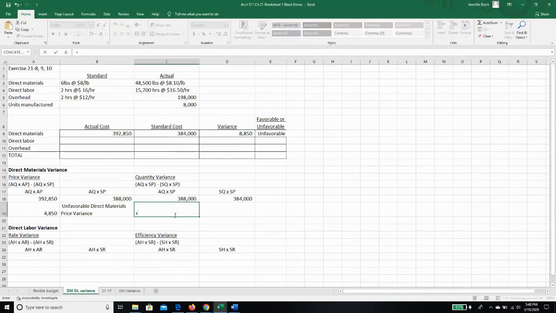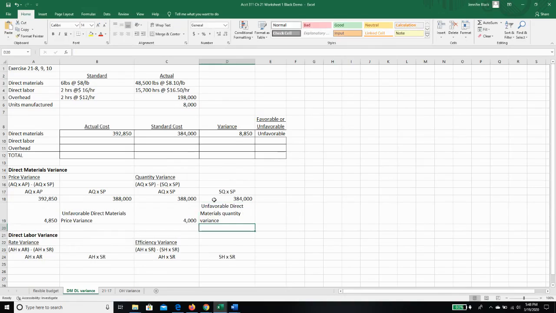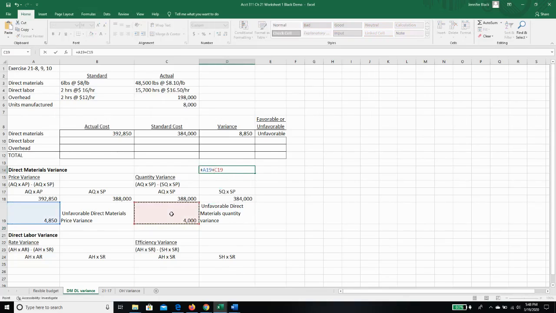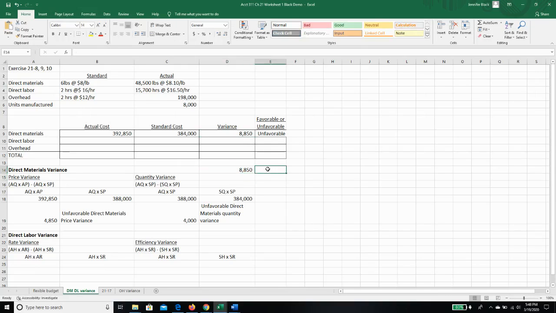So our total direct materials quantity variance is $4,000, which is an unfavorable direct materials quantity variance. If we add together our two variances, they equal $8,850, which is exactly what we had up here. So this is our direct materials variance, and it is unfavorable, meaning we spent more than standard.